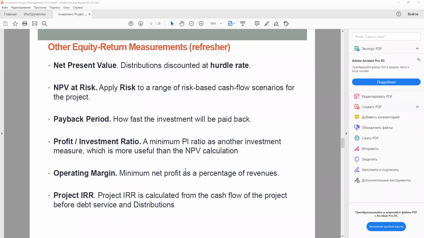Otherwise, the project IRR has limited relevance in the project finance context, where one main point of leveraging the project with debt is to improve the equity return. And so a measurement of the return on the project without leverage is not that relevant.